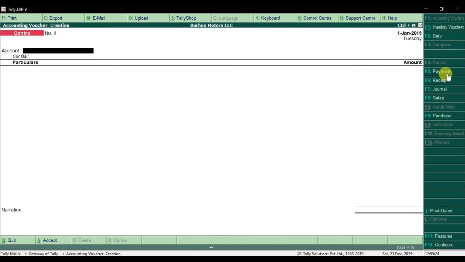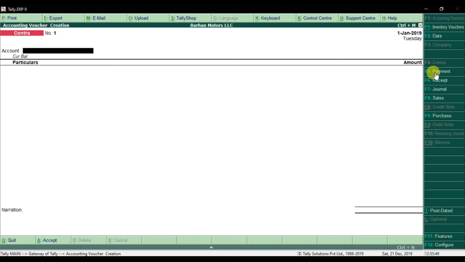The next one after F4 is the payment. After the contra, the next one is F5. F5 is your payment voucher, right?